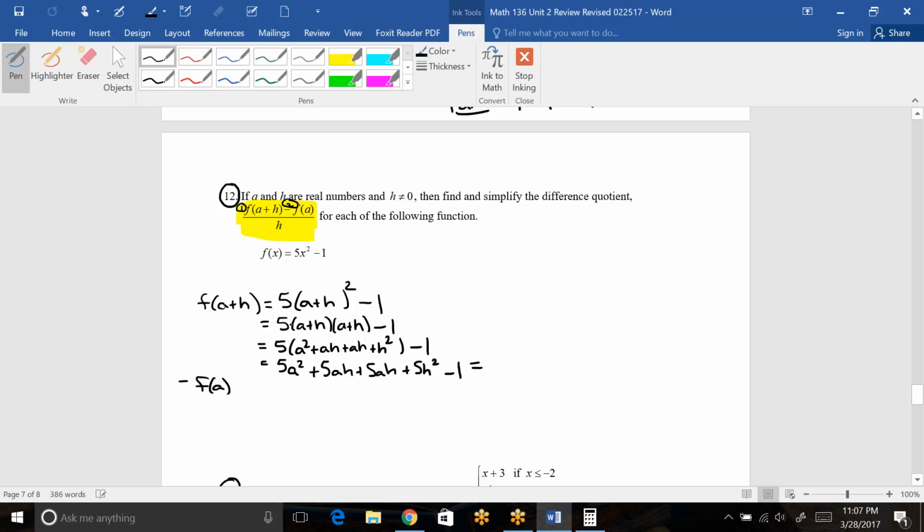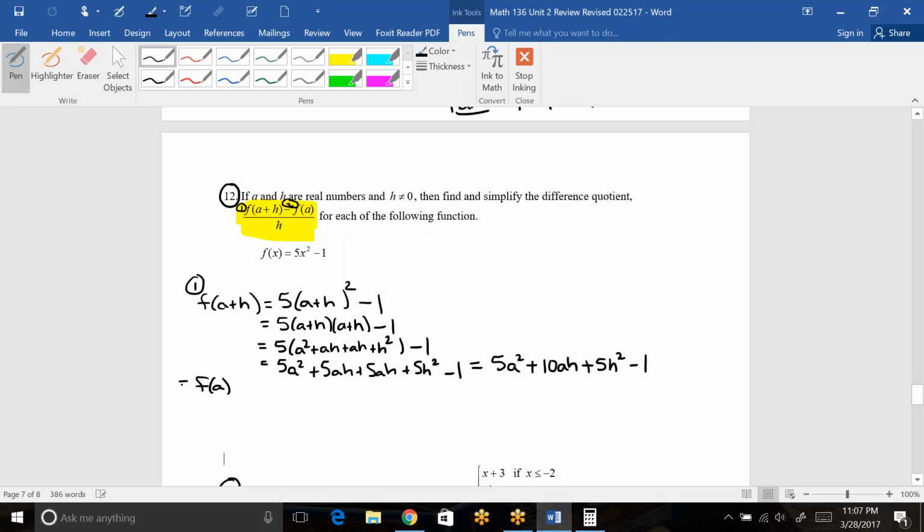So this whole thing, this a plus h part that comes from the top, ends up being 5a squared plus 10ah, because I had two like terms, plus 5h squared and a -1. So that's just that top first evaluation.